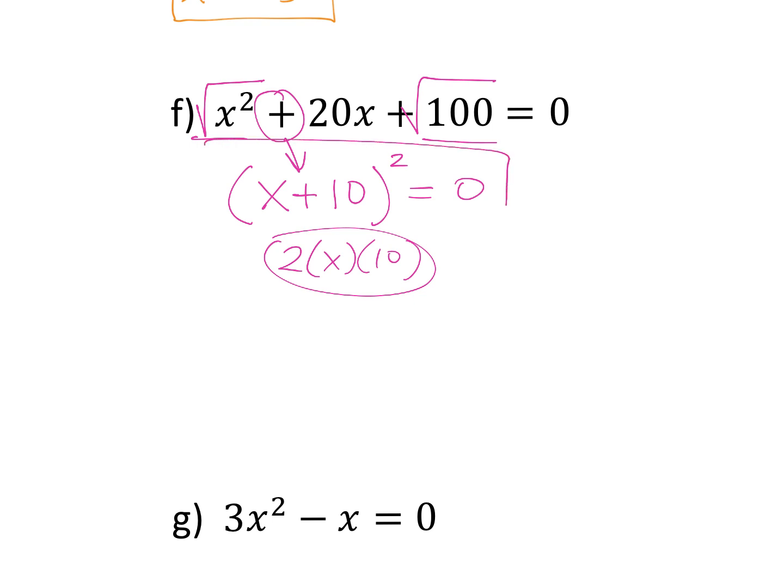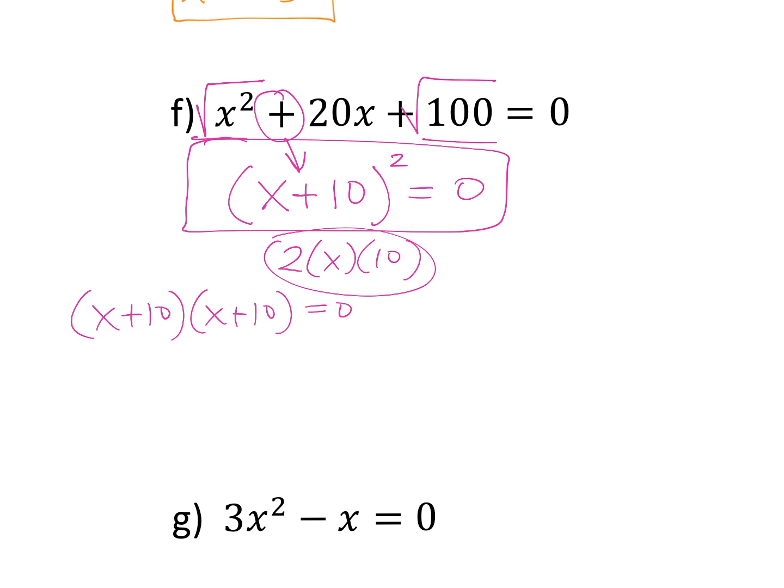So if this is my factored form, what's my answer? What could x be if it has to equal 0? Just negative 10, right? Essentially, we're looking at this, x plus 10 times x plus 10 equals 0.